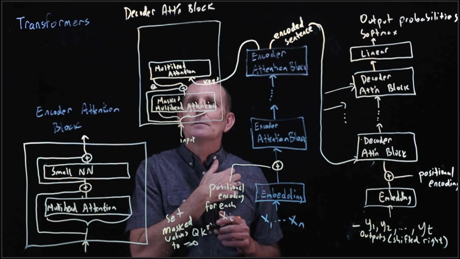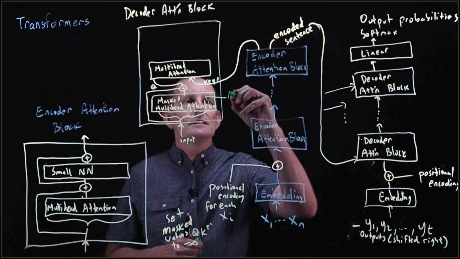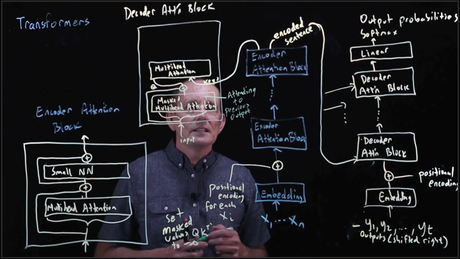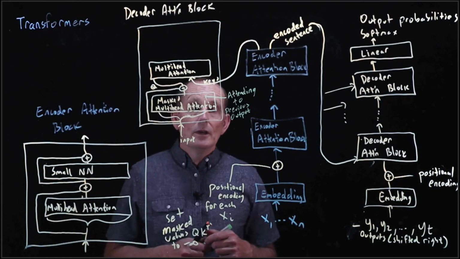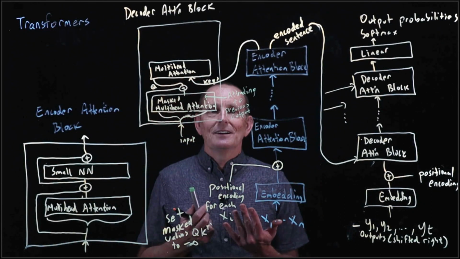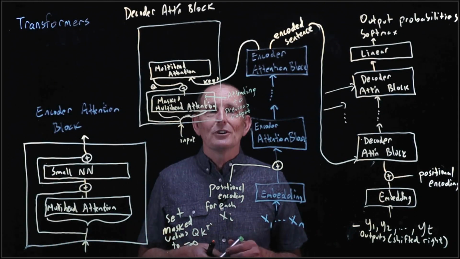So what does that mean? That means that the multi-head attention, what's this attending to? This is attending to the previous output, which makes sense, as we are generating a translated sentence, that we care about the words that have been output so far.